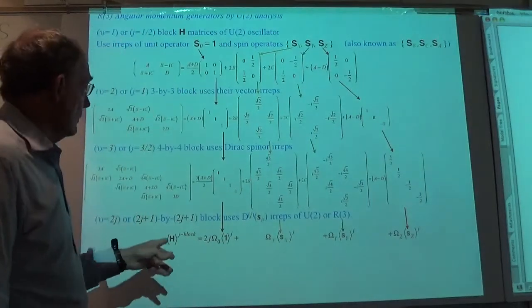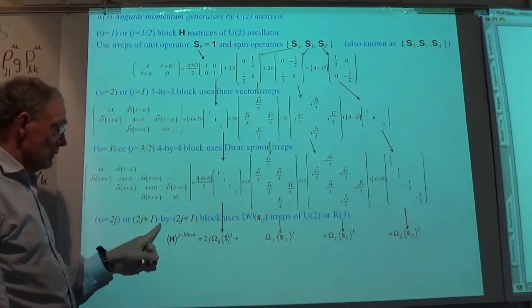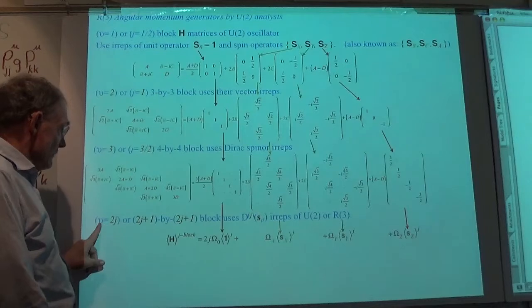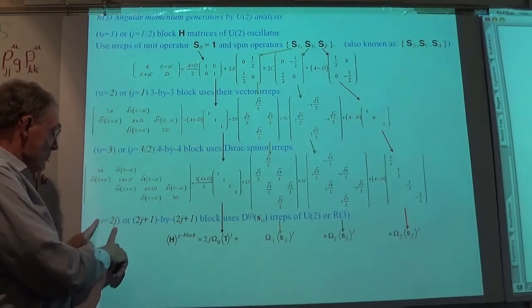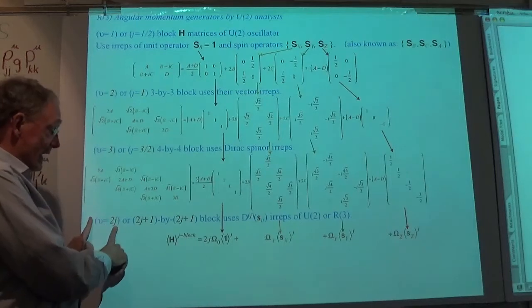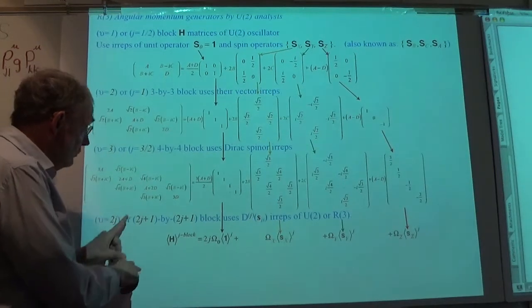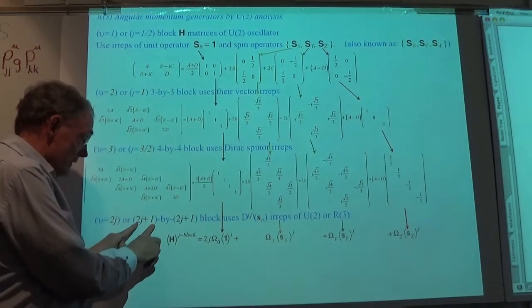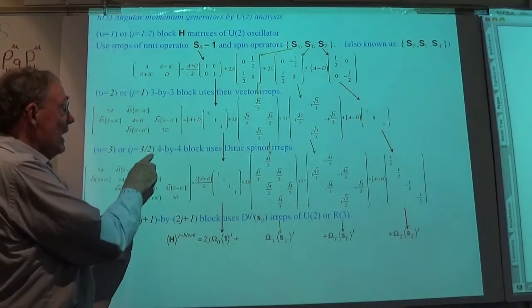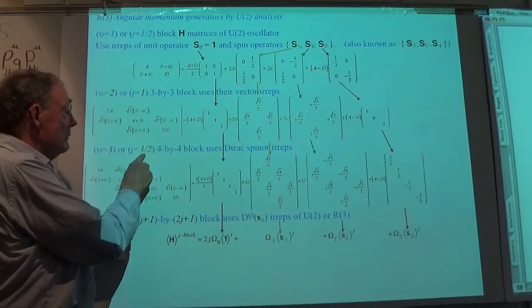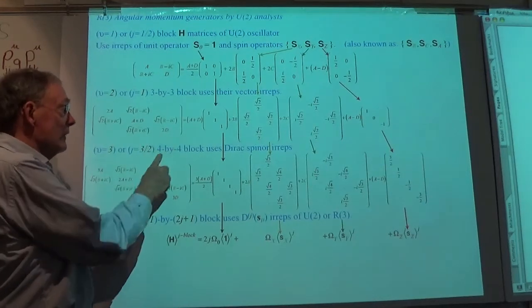Okay, so what we're going to do is, in general, if you have an angular momentum J, or a principal vibration quantum number of 2J, you're going to have 2J plus 1 states. J equals 3 halves, okay? 2 times that is 3, plus 1 is 4.